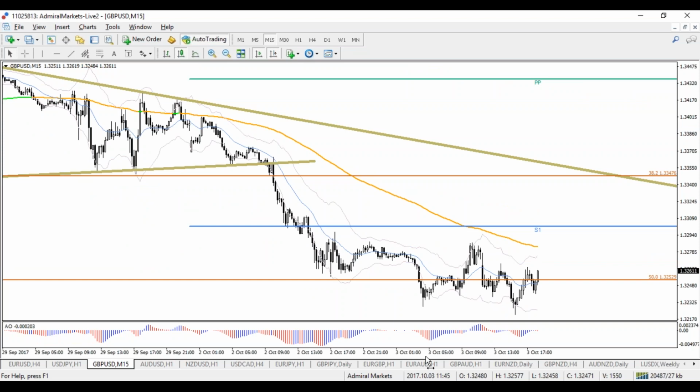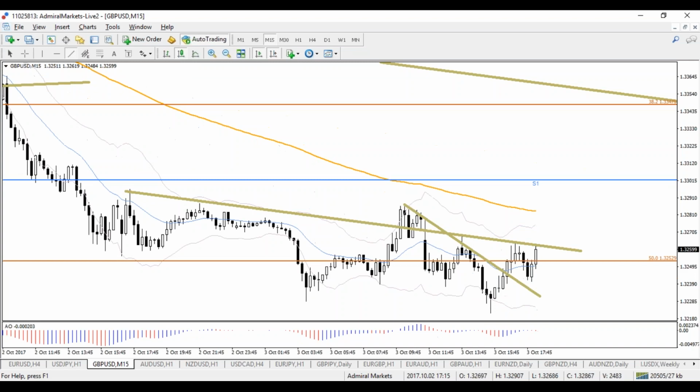Let's see, maybe like this. No, sorry, forget that. But this is a risky trade. This is a counter trend break.